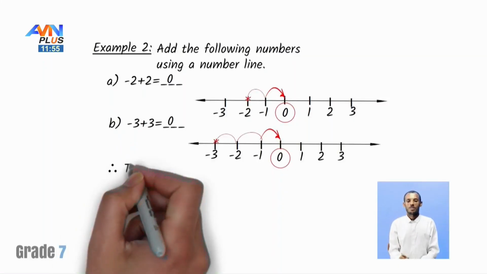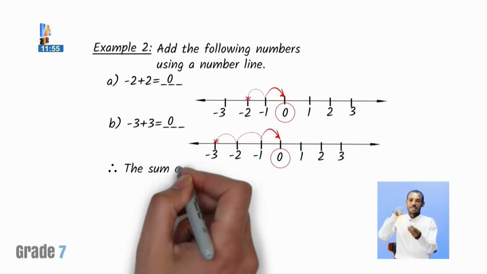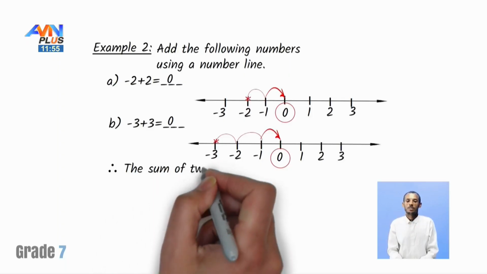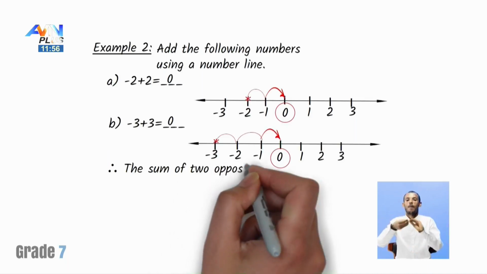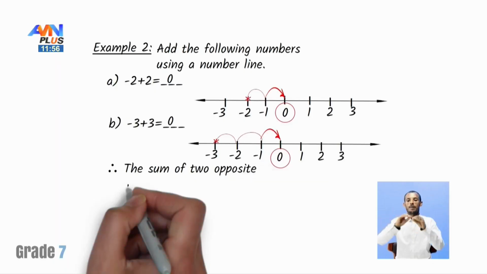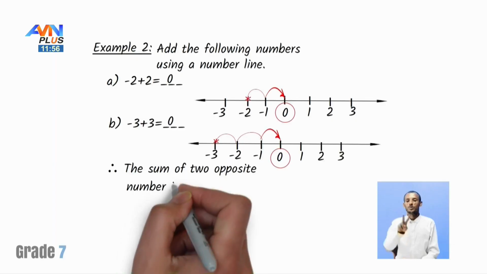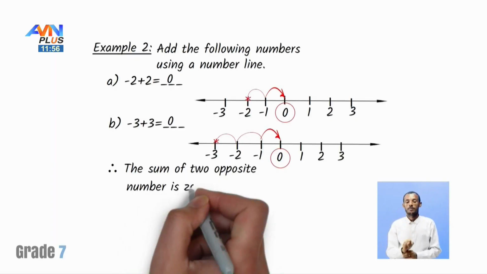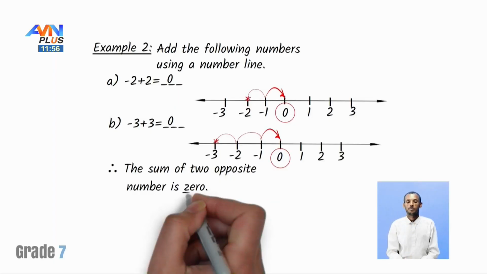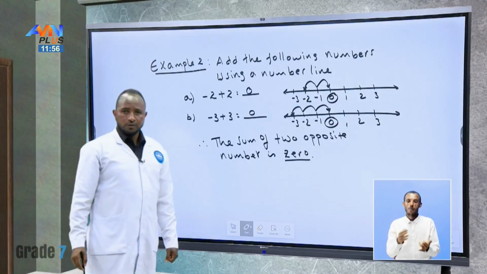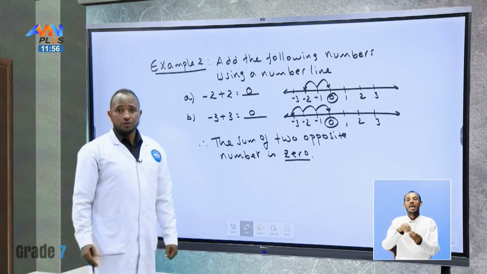Therefore, the conclusion from these two examples: the sum of two opposite numbers is always 0.